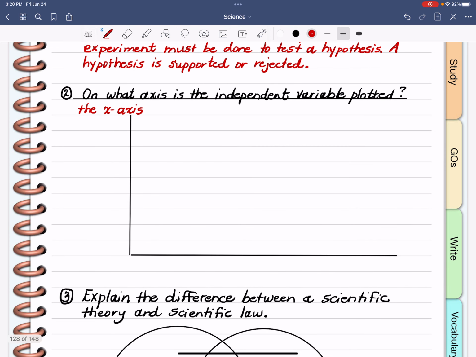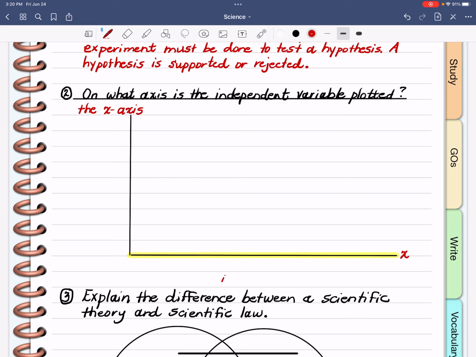The x-axis, first of all, is the one that runs across the page. We're going to call that the independent variable. Let's put an X there, just so you know.